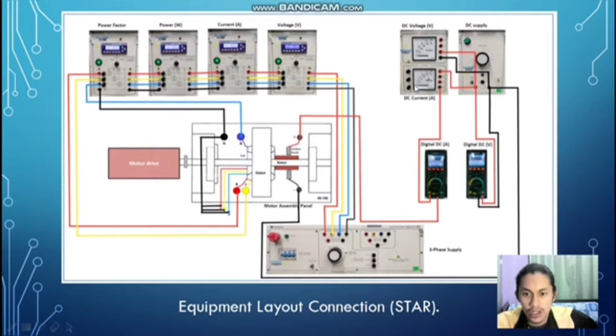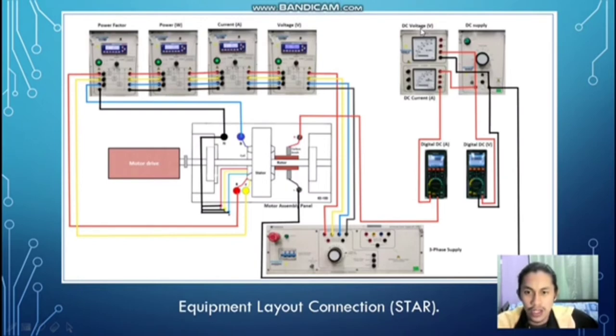This is the analog and this is digital. Next, the output of the digital current will connect to the positive part at the rotor. The negative part, the output of the rotor, will connect back to the DC supply here.